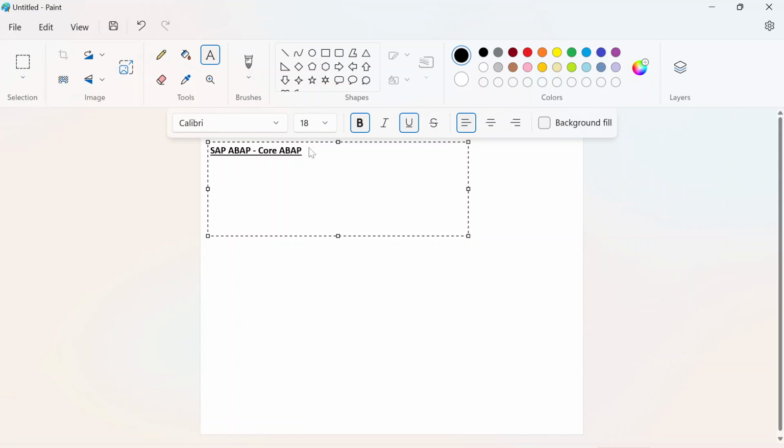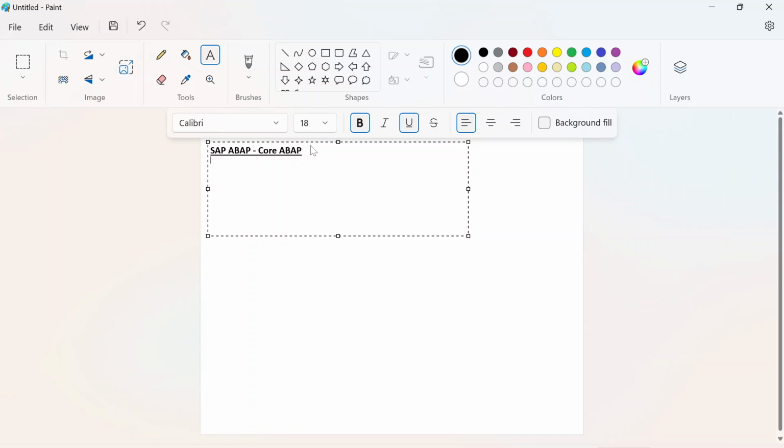Core ABAP in the sense the basic modules available in ABAP like reports, enhancements, print layouts. This all comes under Core ABAP. The very basic ABAP, it is mandatory to learn, right? So we should cover Core ABAP.